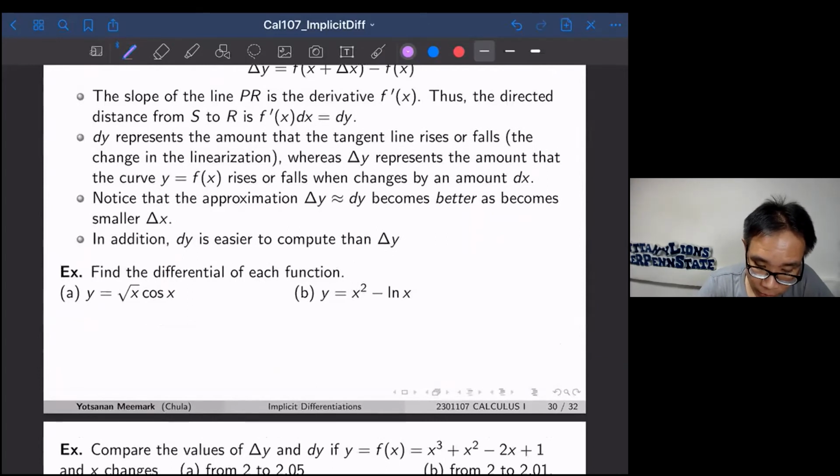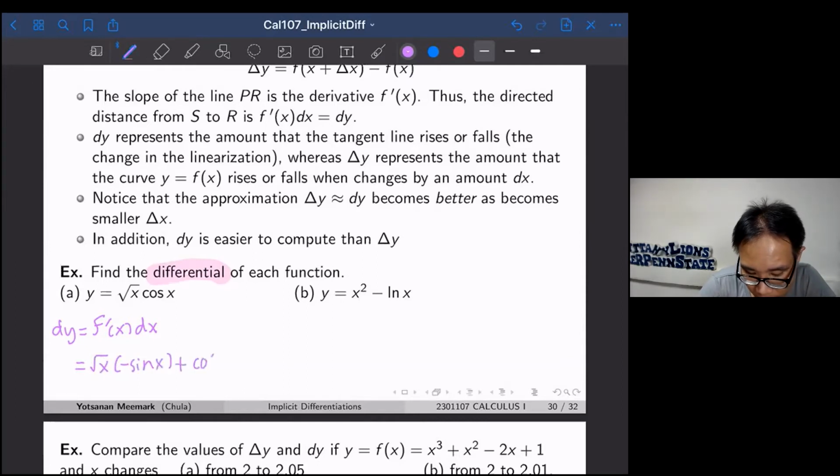If the question asks you to find the differential, you have dy equal to f'(x) dx. So in this case, you differentiate this: the first derivative of the second plus the second derivative of the first, and then you have dx. Okay, so this one is dy.